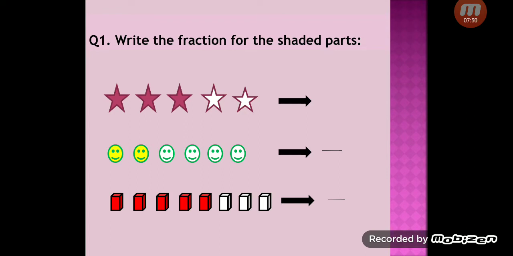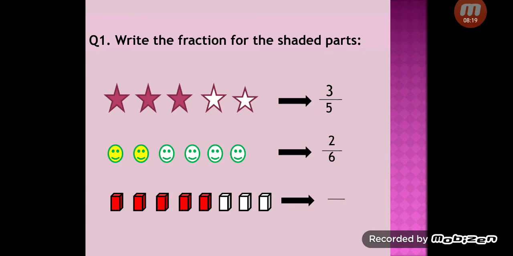For the shaded part, I will make a line and then 3 stars are shaded. So I will write 3 above the line and the total number of stars in my collection, I will write 5 below the line. In my next question, I have 6 smileys and out of them 2 smileys are shaded. So I will write 2 by 6.